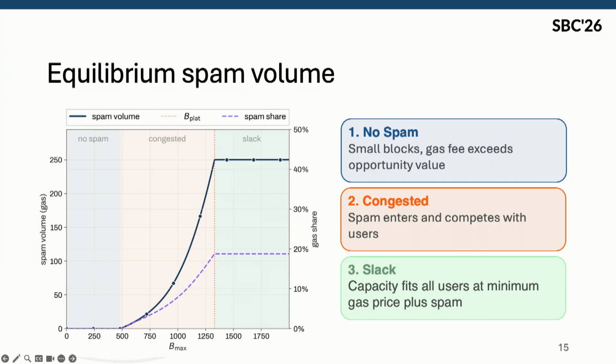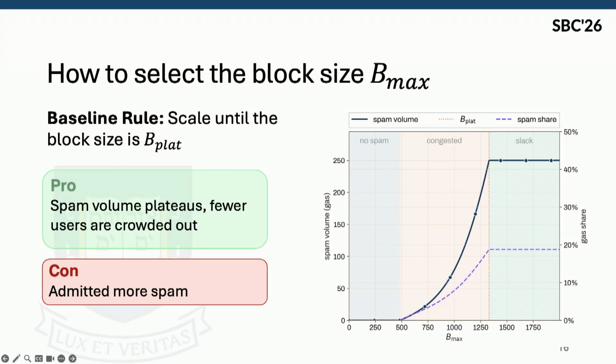So then it comes to the question, given this, what should we do to pick the block size? There's a baseline rule here, which is to select the leftmost part of the green region, scaling until the block size reaches what we call B-flat. There are pros and cons with regard to this.